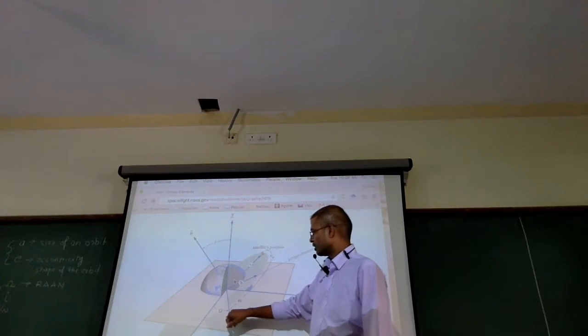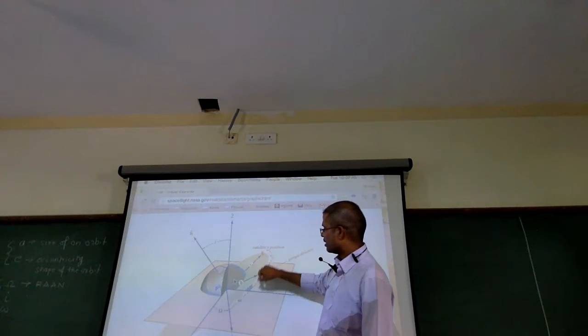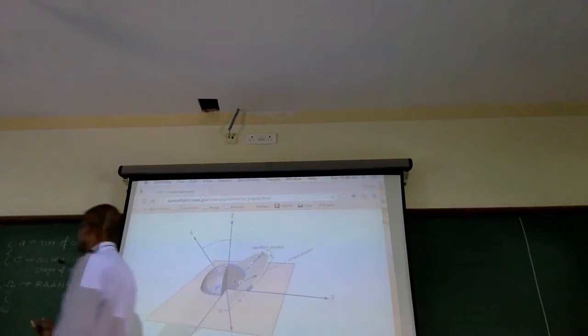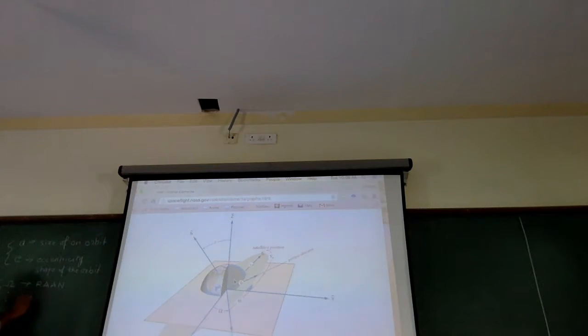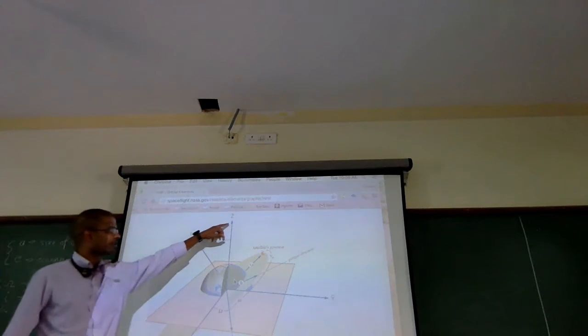The second angle is called inclination. What did we say? How did we define a plane? The perpendicular to the plane defines the plane, right? So the inclination, what plane does this define?